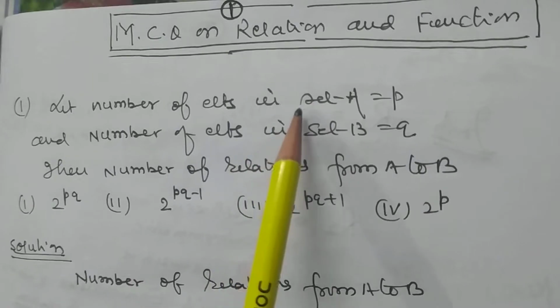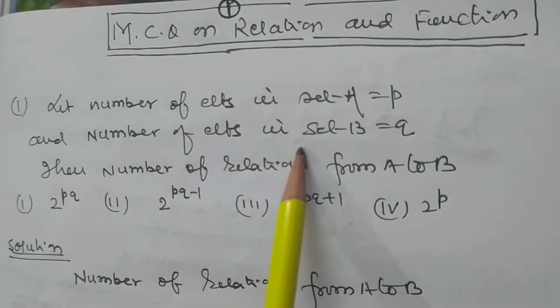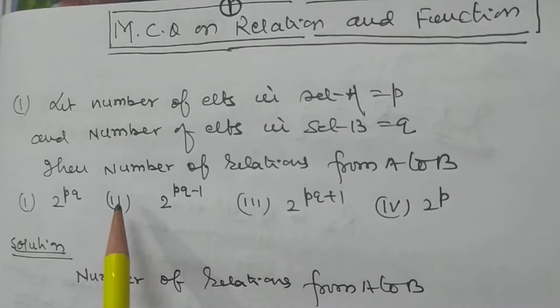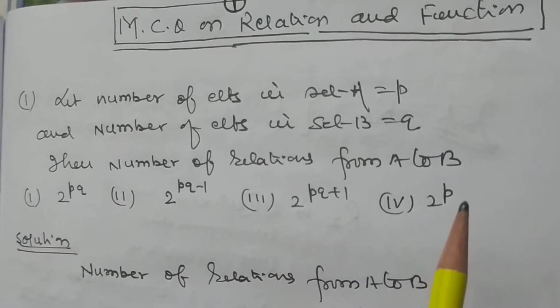Let the number of elements in set A be P, and the number of elements in set B be Q. Then the number of relations from A to B is, there are 4 options.